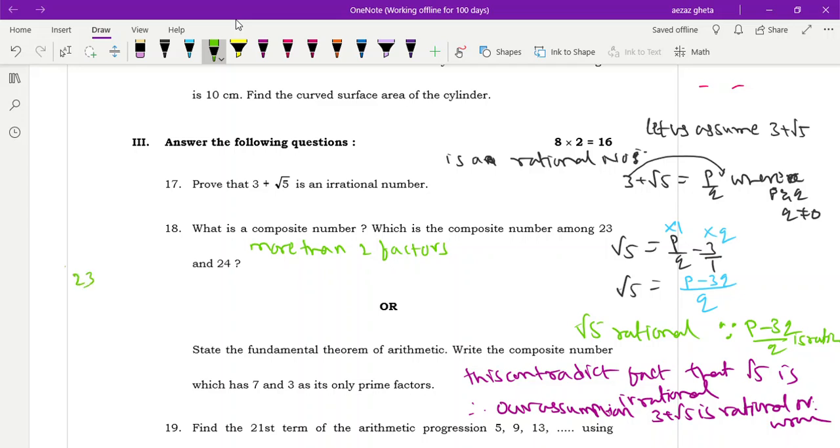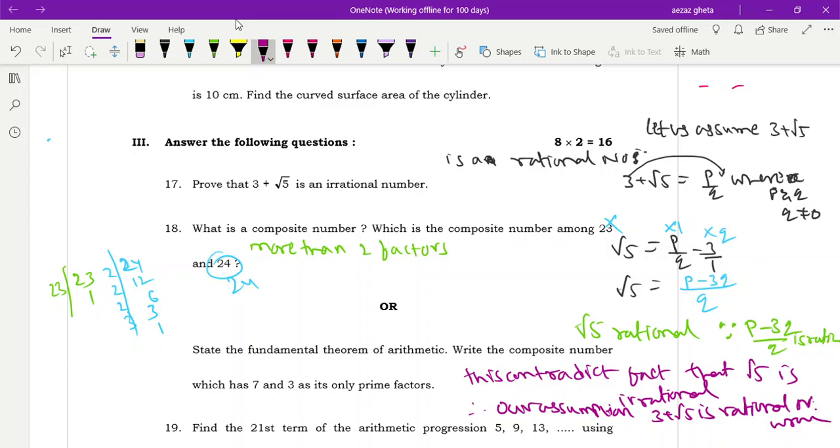See, 23 is a prime number, it is divisible only by 1 and 23. 24 has more than 2 factors, like 2 12s, 2 6s, 2 3s are. 24 has 2 as a factor, 3 as a factor, 8 as a factor. So 24 is a composite number. What is a composite number? The number having more than 2 factors.